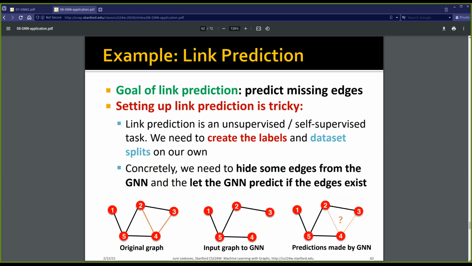I think the hardest case is to do link prediction. Here, what you need to do is think about the connections of the edges. We need to differentiate between edges that are used for message passing and those used for evaluation.